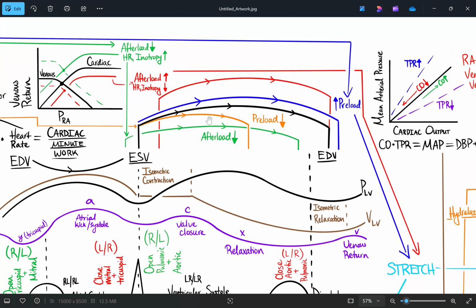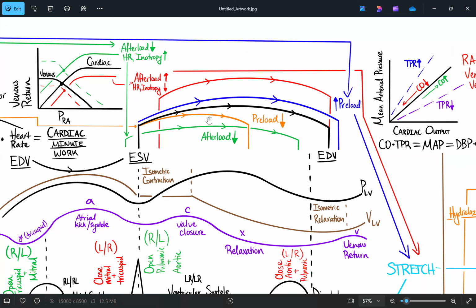And so if you have more pressure, you pump out more, your end diastolic volume is going to increase because you have more venous return due to more cardiac output. Now, if your preload drops, you won't be able to pump out as much. So as you see, the pressure goes down in that orange curve of the preload, but then also your end diastolic volume decreases because you're just not pumping out as much.